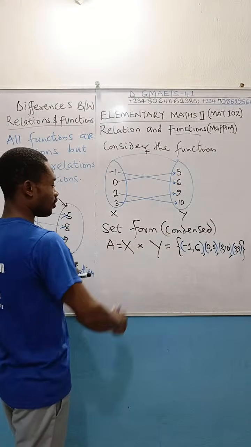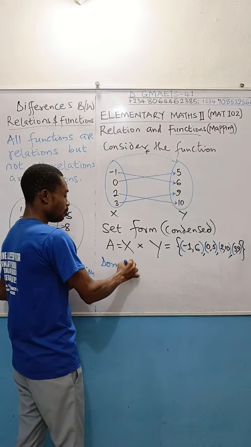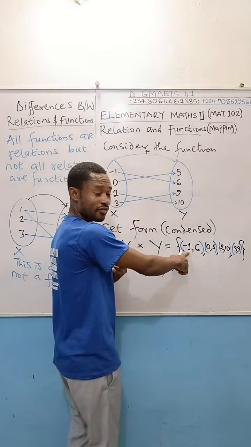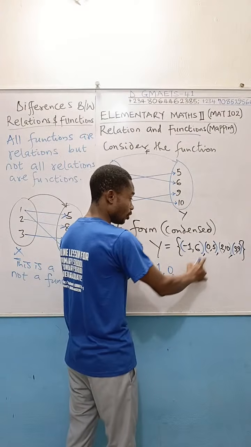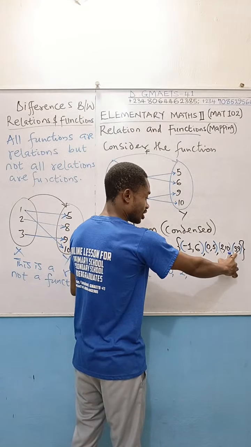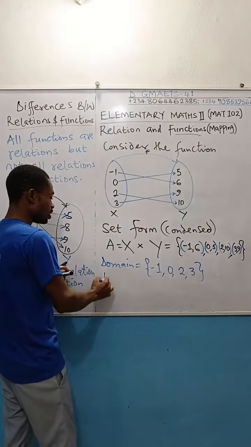I've written the condensed form of this. Now, what is the domain of this guy? Domain is equal to -1. You can just get it from here, all the first elements: 0, the first element here, 2, the first element in this coordinate, 3. So this is the domain. Now, what is the codomain?